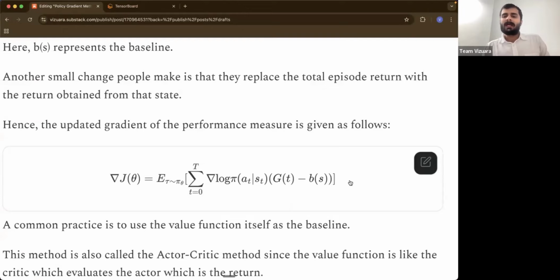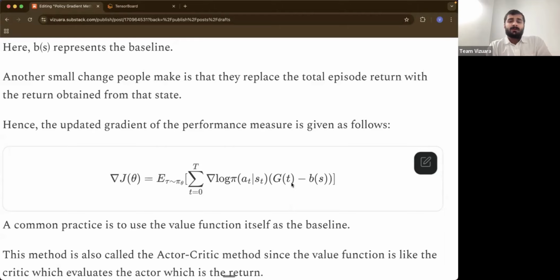So there were two main changes which were done to transition from the reinforce method to the reinforce with baseline. The first change was that a constant term was subtracted, and then the second change was that tau was replaced by t.